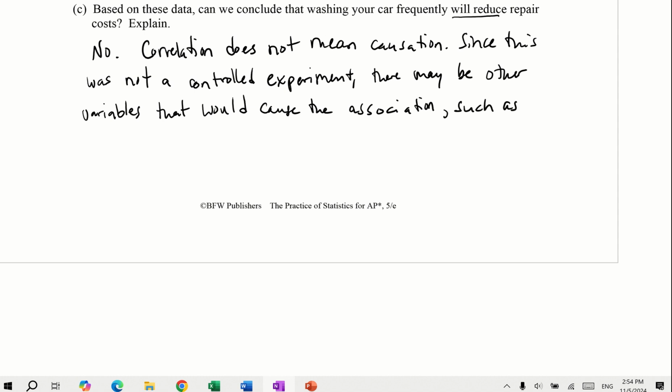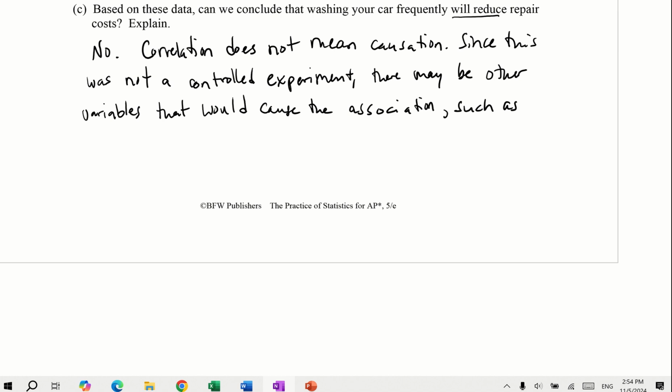Now, you don't necessarily have to include an example per se. You can say that there are confounding variables. There are other variables that would cause the association that would also lead to reduced repair costs.